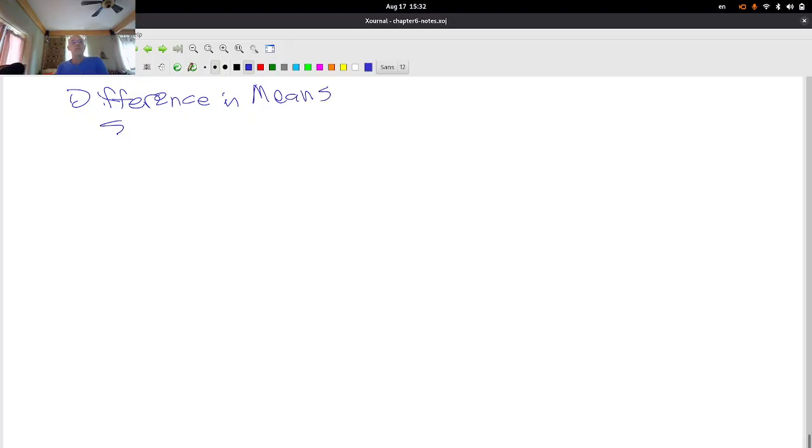And my sample statistic is a combination of statistics. And so often you'll see it as something like x bar 2 minus x bar 1 for the sample statistic.